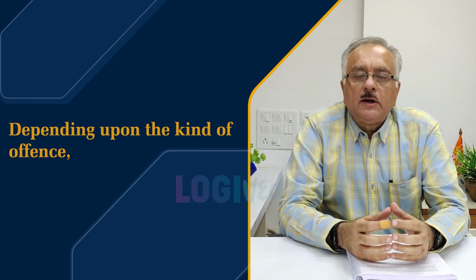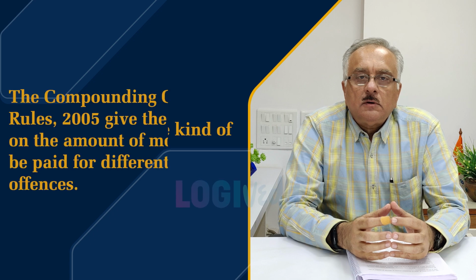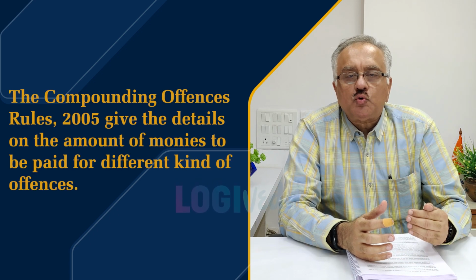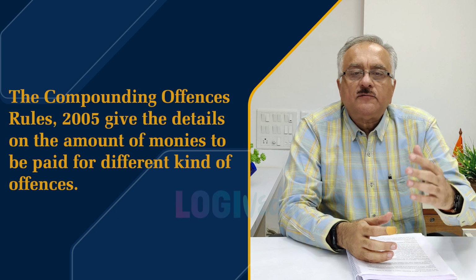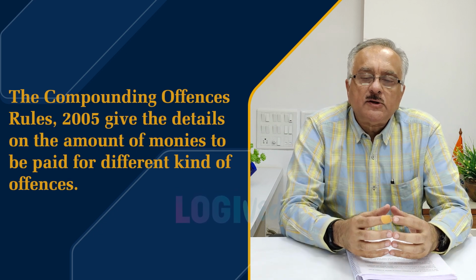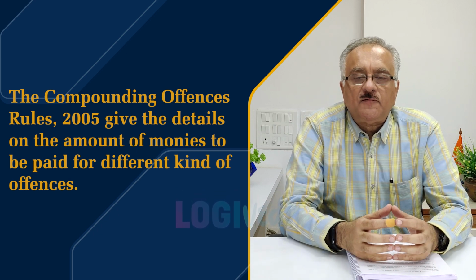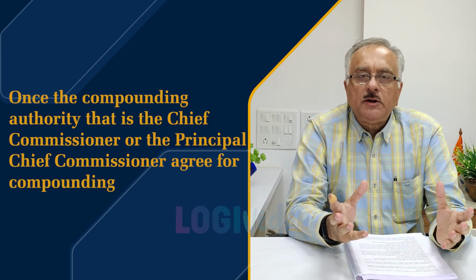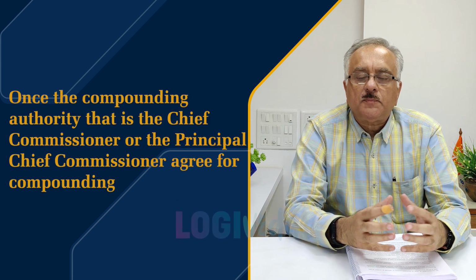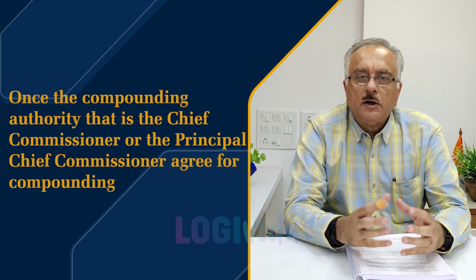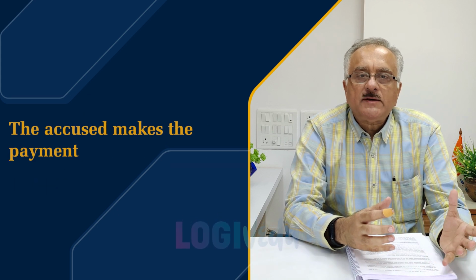And depending upon the kind of offence, the Compounding of Offences Rules 2005 give the details on the amount of monies to be paid for different kinds of offences. Once the compounding authority, that is the Chief Commissioner or the Principal Chief Commissioner, agrees to compounding, the accused makes the payment.